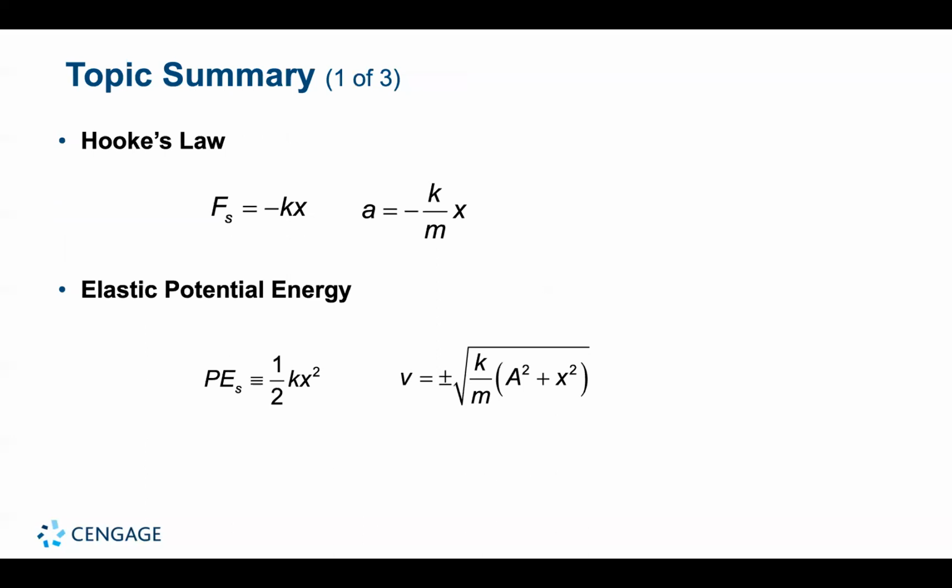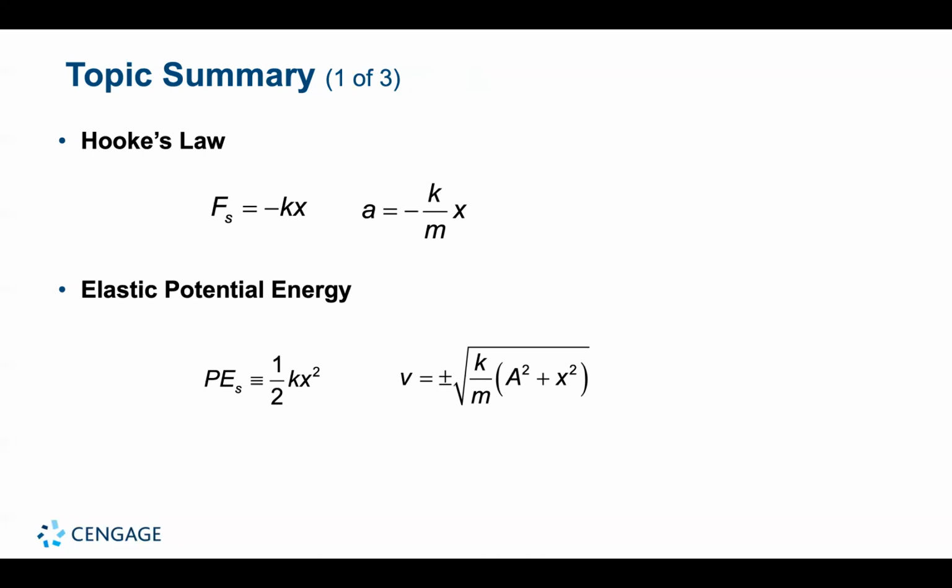Here we have Hooke's law. Simple harmonic motion occurs when the net force on an object along the direction of motion is proportional to the object's displacement in the opposite direction. This equation is called Hooke's law. The time required for one complete vibration is called the period of motion. The reciprocal of the period is the frequency of the motion, which is the number of oscillations per second.